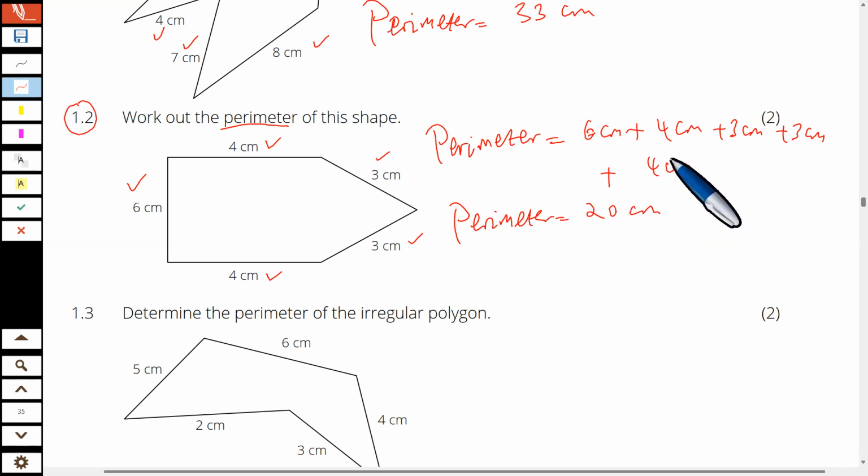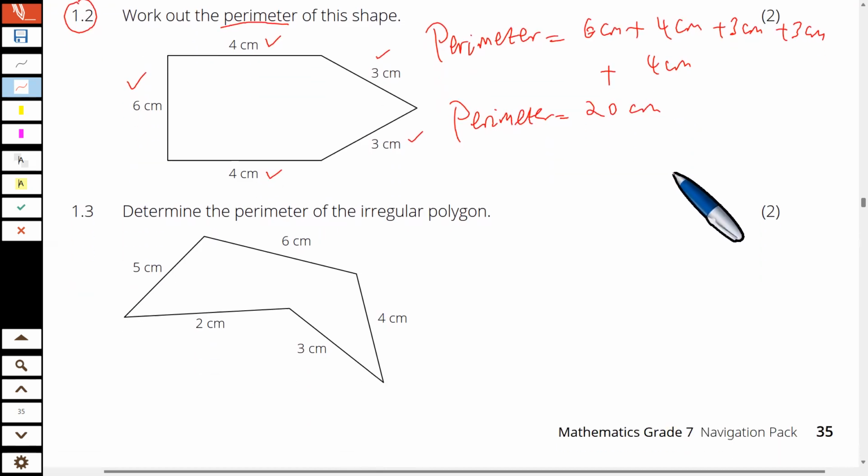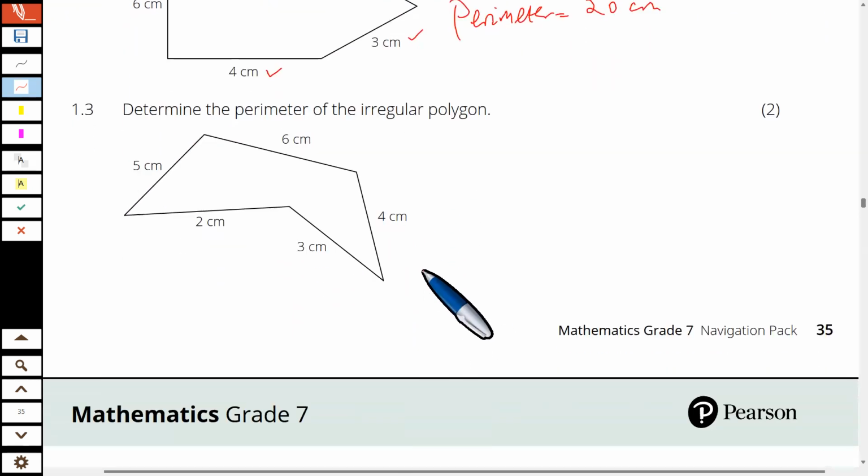Well done. The next one is the perimeter of the following irregular shape. How to find this one is very easy. The perimeter is the same as the sum of these lengths.